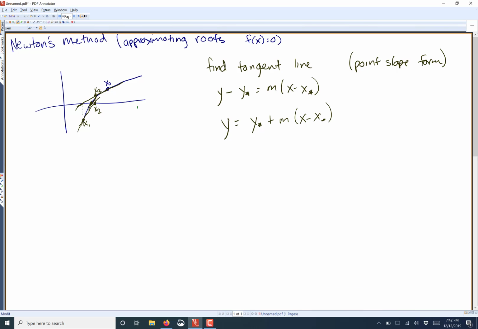Sorry, so this y value, we're trying to find the tangent line at any of our guesses. So the star is for whichever guess that I'm looking at, okay?